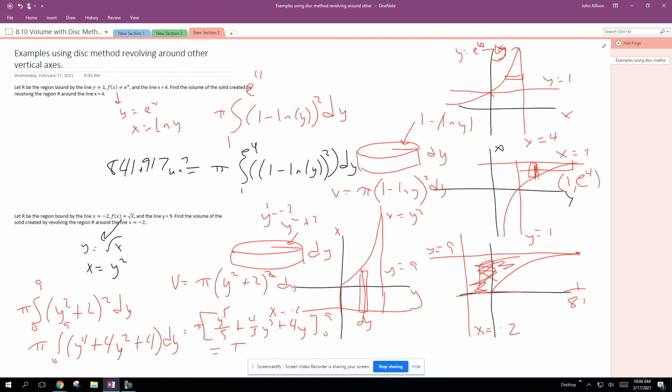All right, so it's going to be pi times 9 to the 5th divided by 5 plus 4/3 times 9 to the 3rd plus 36.